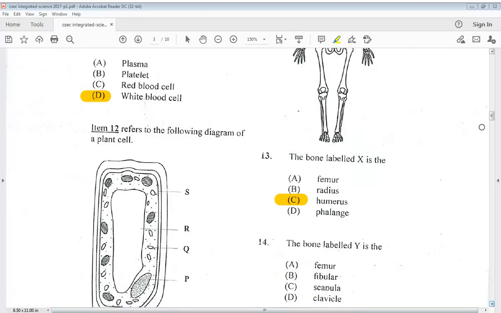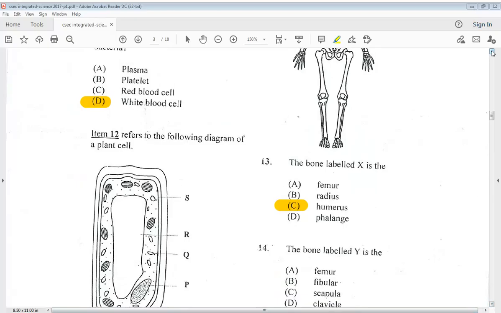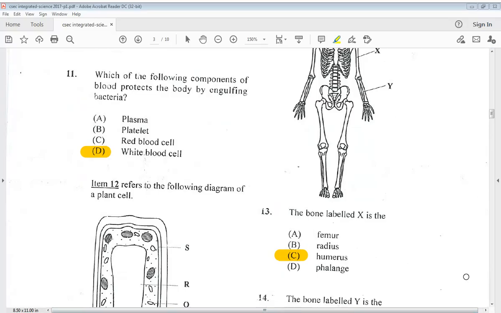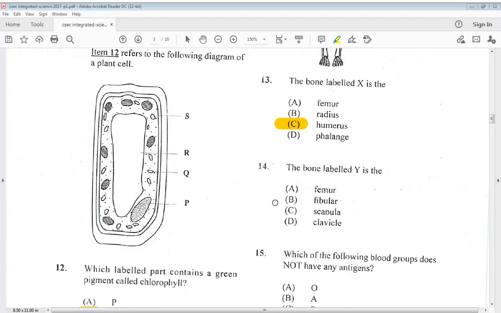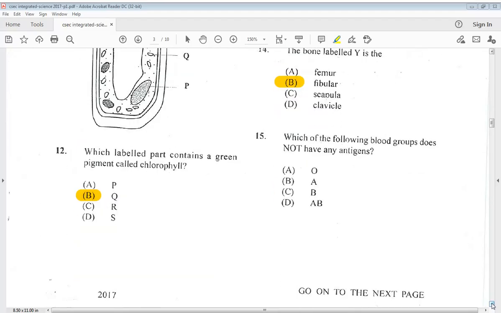The bone labeled Y is, we know that is B, fibula. 15 says, which of the following blood groups does not have any antigens? A, O, B, A, C, B, D, AB. So we know the answer would be A, O.